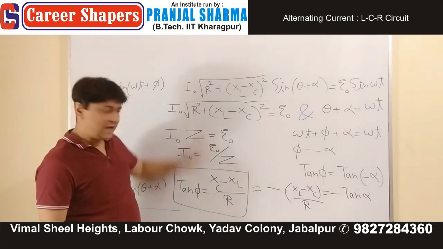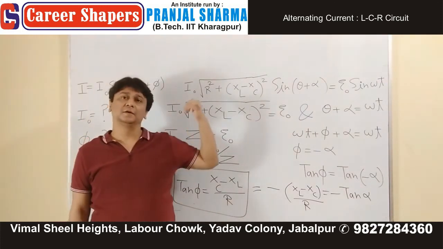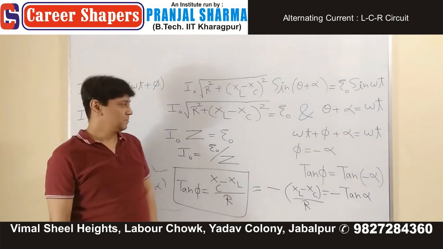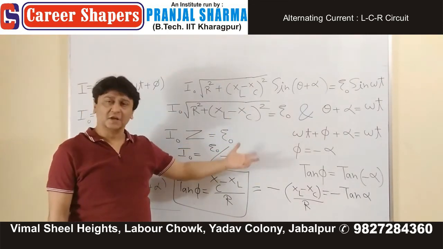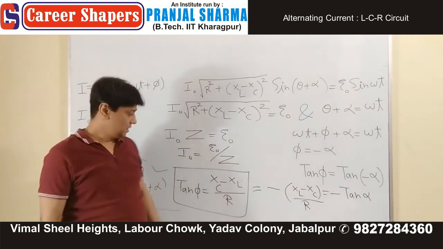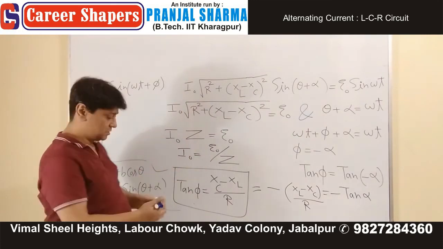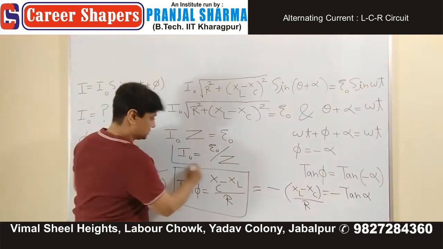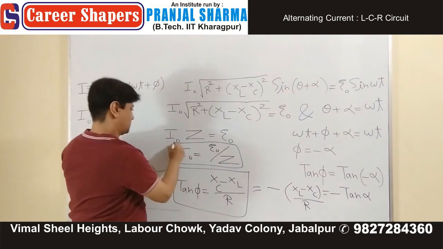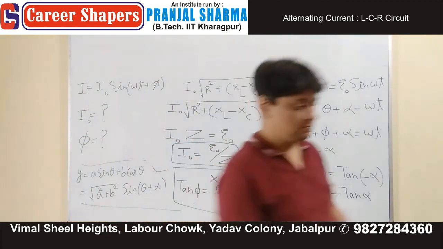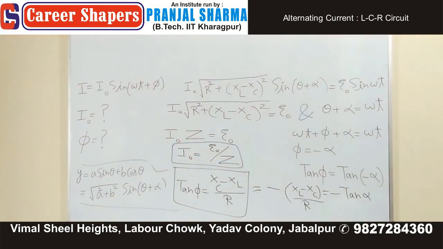Now how does it help us? We'll see that in the next class. Hopefully you understand this much maths. If you do not, just don't worry. Remember these two results. Note down this much and then you can leave. Thank you very much.